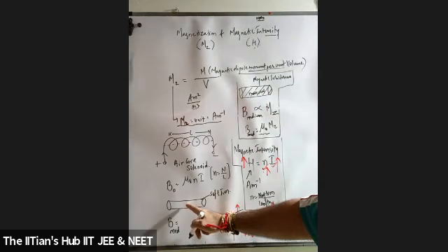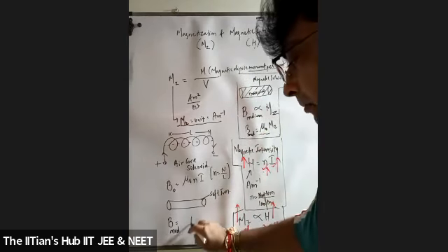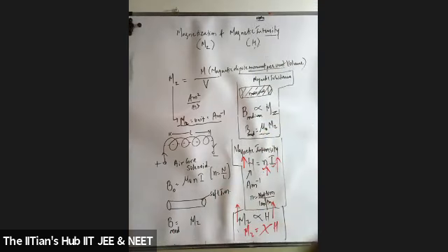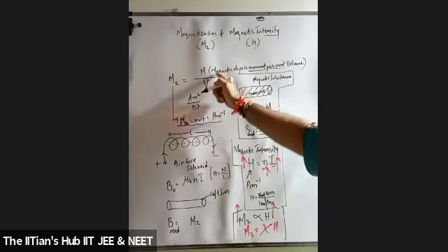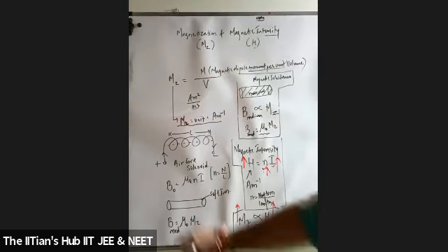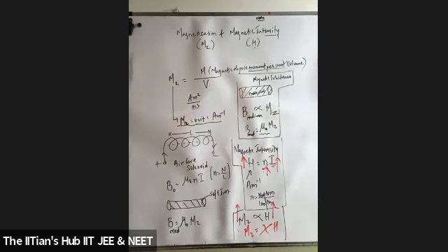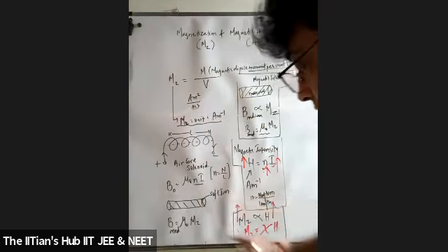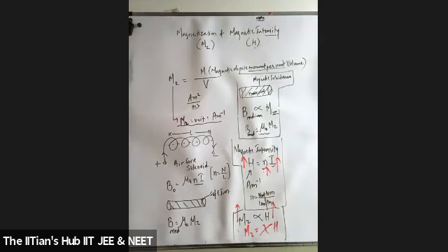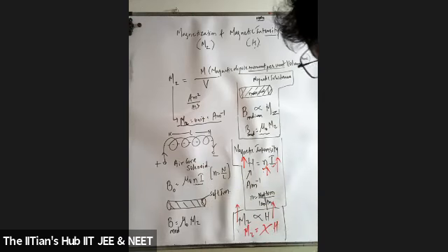Then you will say, sir, magnetic induction induced in the soft iron depends on magnetization. What is magnetization? Magnetic dipole moment per unit volume into mu zero. क्या ये clear हुआ सबको? Yes. Do keep in mind students, n into I is what? H. ये भी ध्यान रखना.